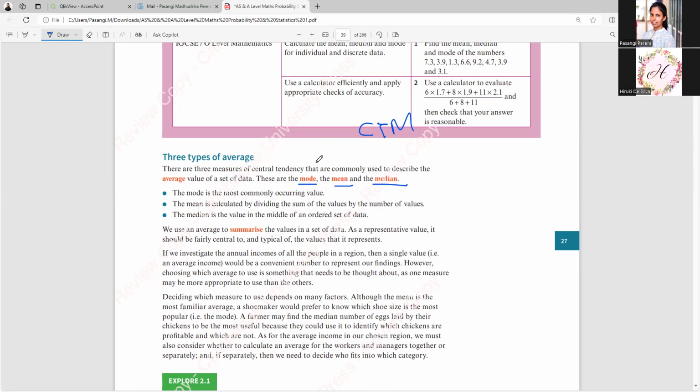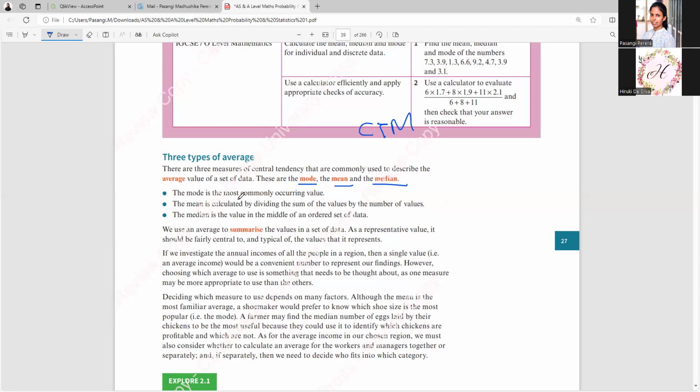This is what we normally calculate for a data set. All these three values are given a common name, that is average.